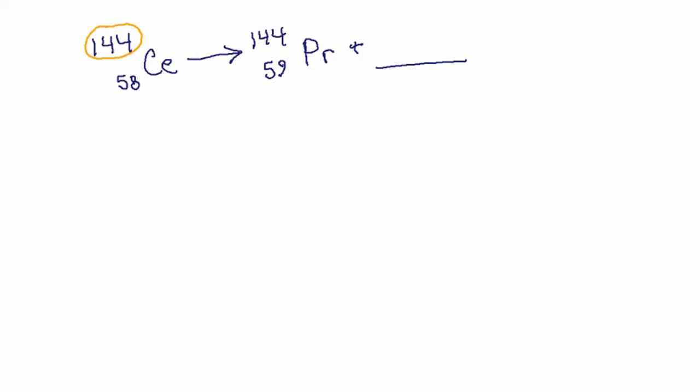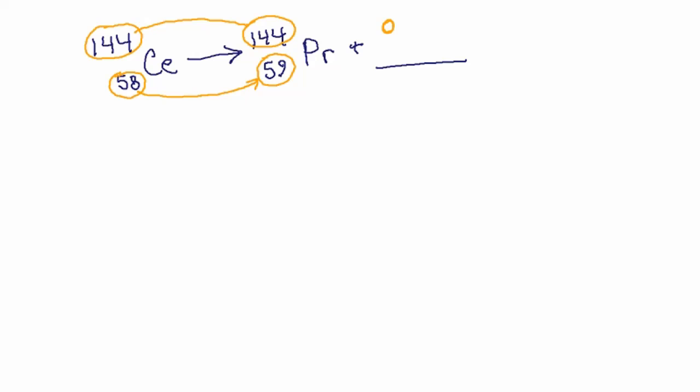So before the yield sign, this is 144. After the yield sign, this is 144. So we know the top number in this answer is going to have to be 0. Now on the bottom for the atomic numbers, this was 58, but this one was 59.